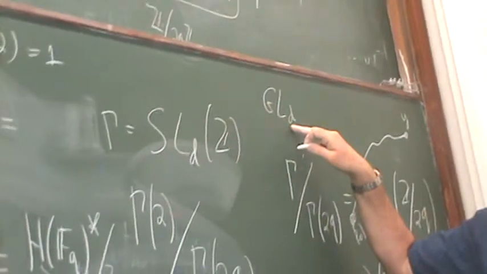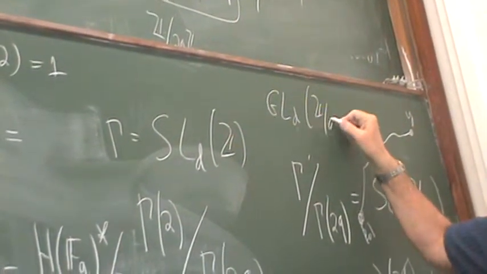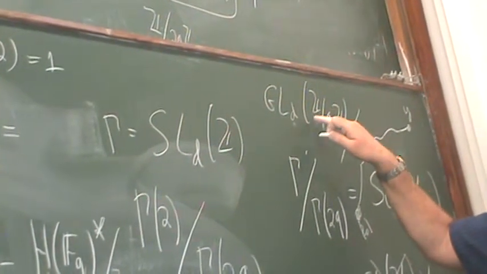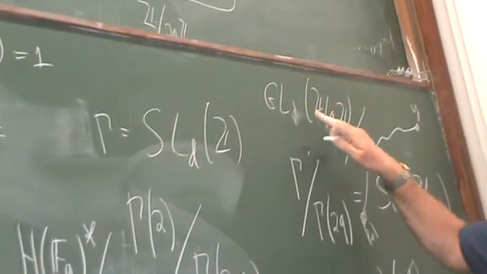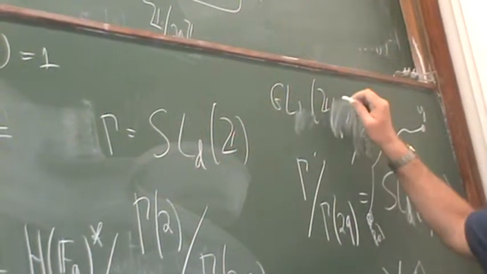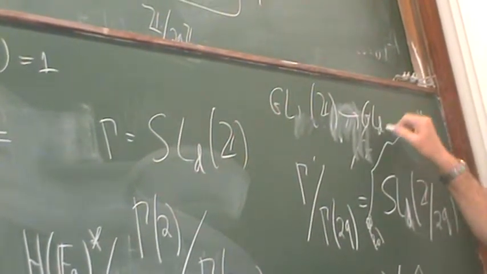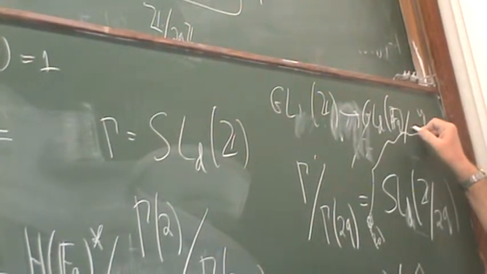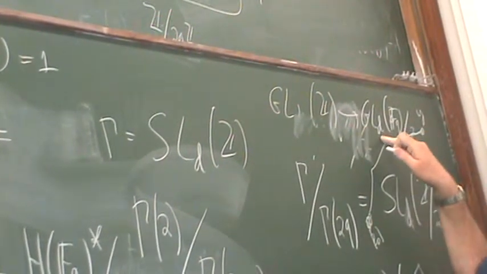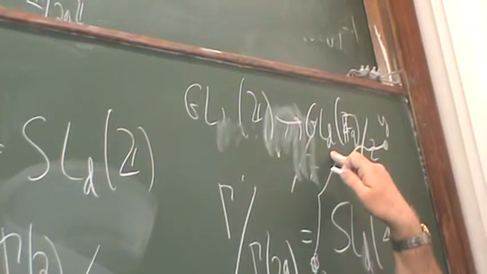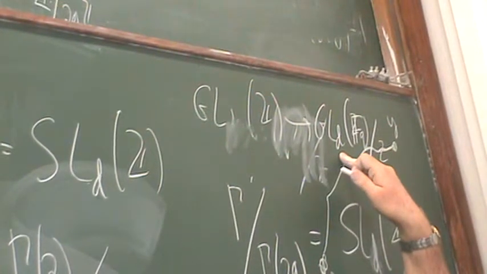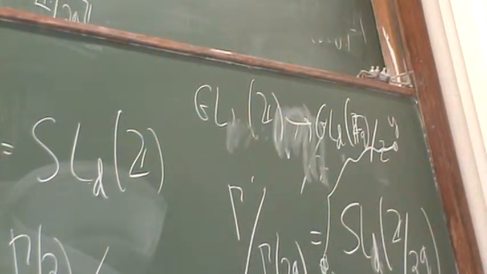If you look at GL_d of Z mod qZ, mapped to GL_d of F_q, divided by the center, that is not always equal to PGL_d. It's sometimes equal to PSL. I will analyze this. I was rushing a bit to get in on time.